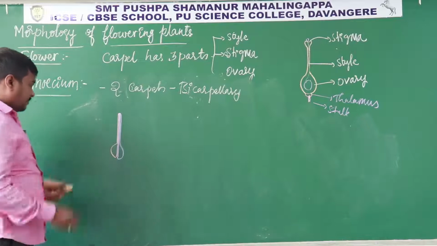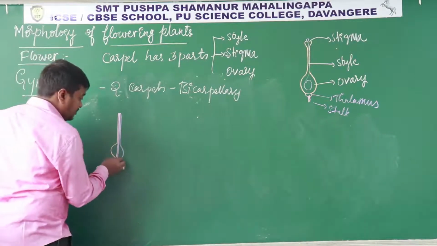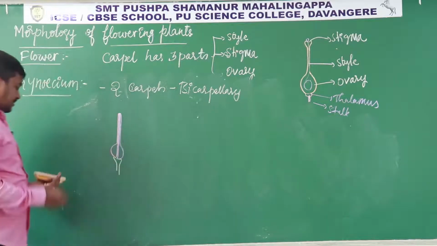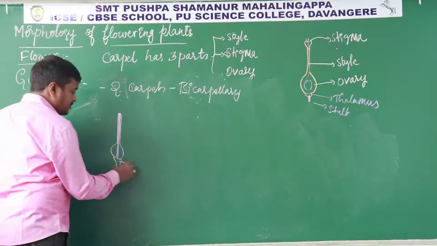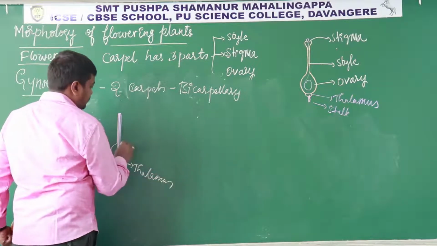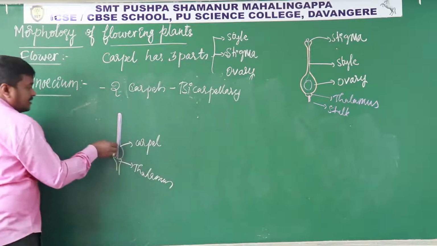So here are the two carpels, and these two carpels are situated on a thalamus. So this is thalamus. This is one carpel. This is another carpel.